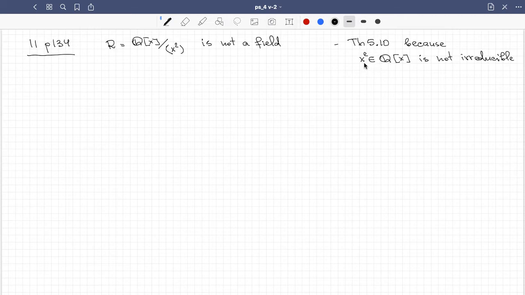So it factors into a product of two identical polynomials of degree 1, x and x. The book asks this exercise as before theorem 5.10. So the book asks for a straightforward check that this is not a field.